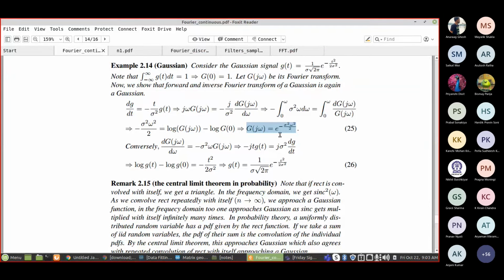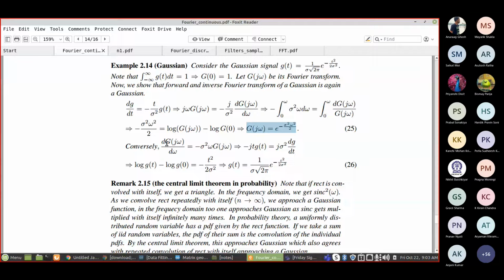We are going to use the same trick which we used to derive the forward direction. We differentiate capital G of j omega in the frequency domain now. So we get a similar sort of expression. Instead of t, we get omega here. There is a negative sign, and sigma squared is in the numerator now. And you just use the same properties.